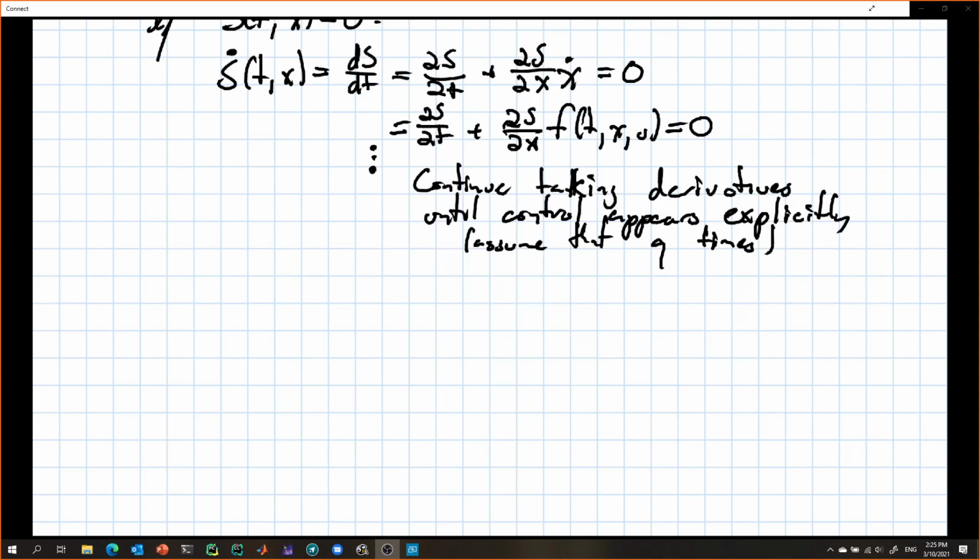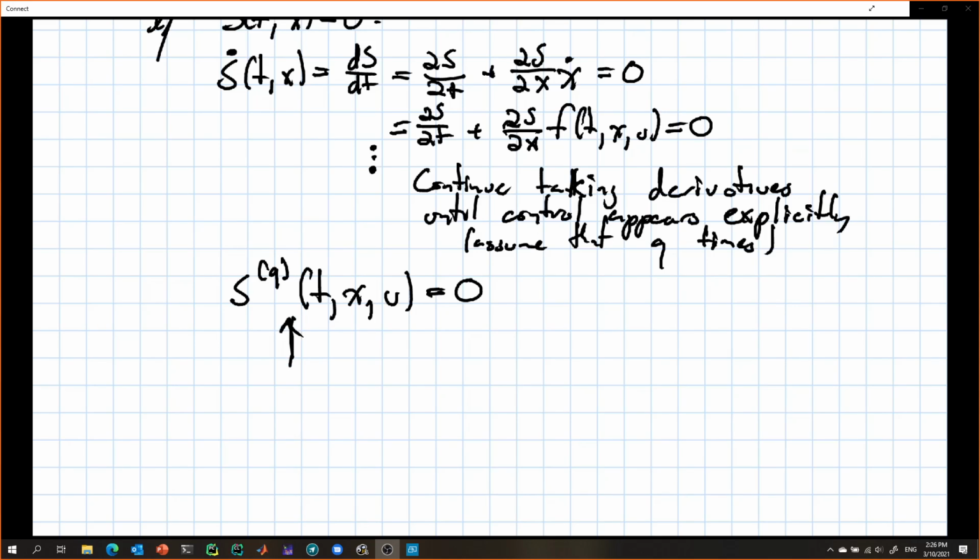So continue taking these derivatives until we reach some s of q, the q-th derivative of s, which is dependent on t, x, and u explicitly, and that is equal to 0.